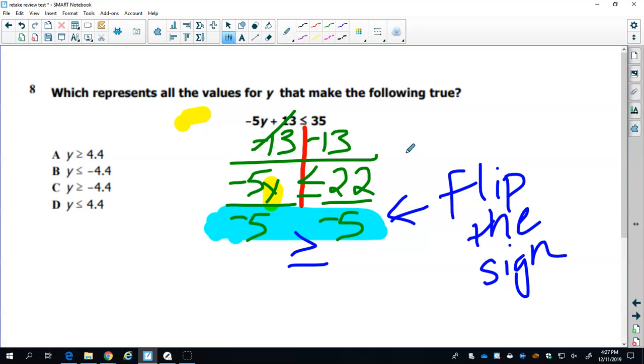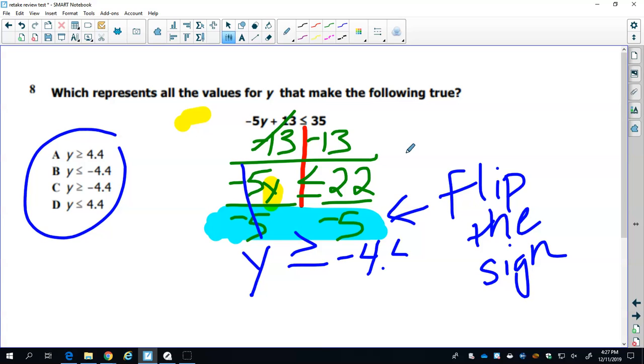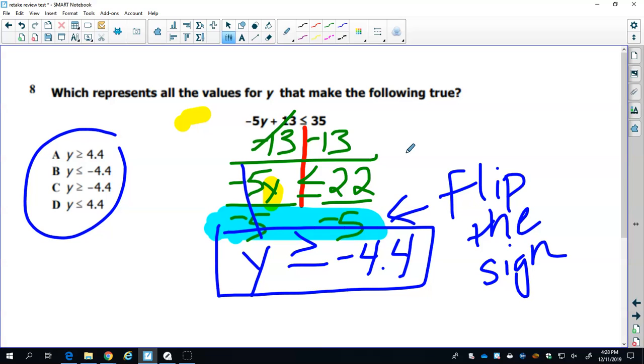So now the negative 5 divided by negative 5 cancels out. We get y. And then 22 divided by negative 5, you could put into your Desmos, and it's going to be negative 4.4. So my answer is y is greater than or equal to negative 4.4.